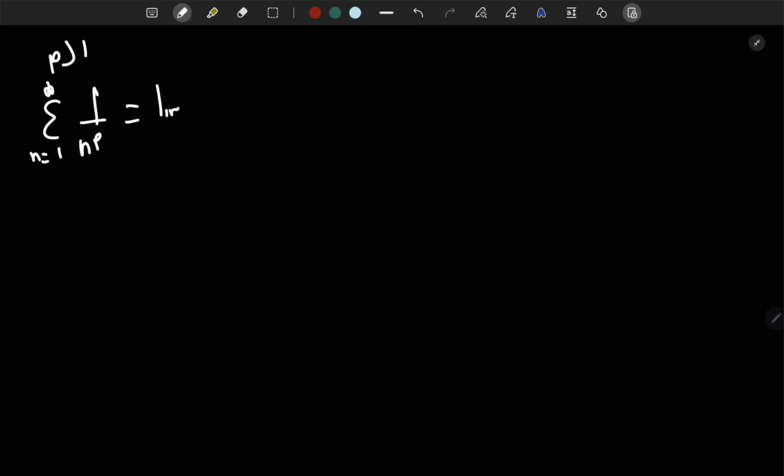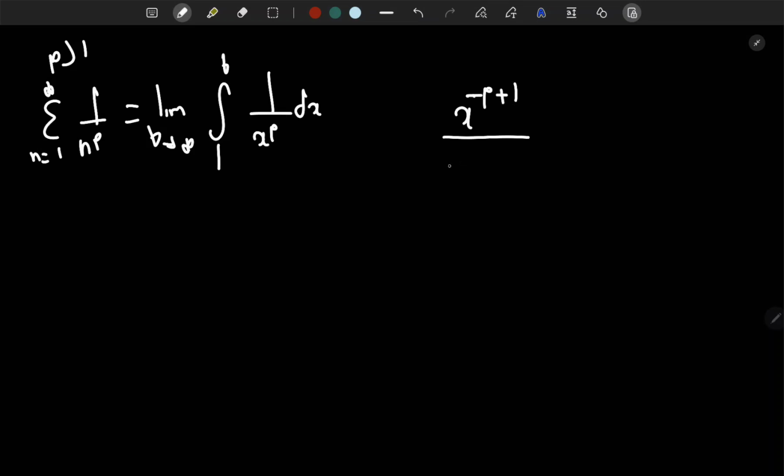It's going to be the limit as b approaches infinity, sorry about my handwriting, of the integration from 1 to b of 1 over x to the power of p dx, where we replace n with x and the p stays the same. Now how do we integrate this? We bring x to the power of p up to the numerator, so it becomes x to the negative p, and to integrate this, it's going to be plus 1 over negative p plus 1.